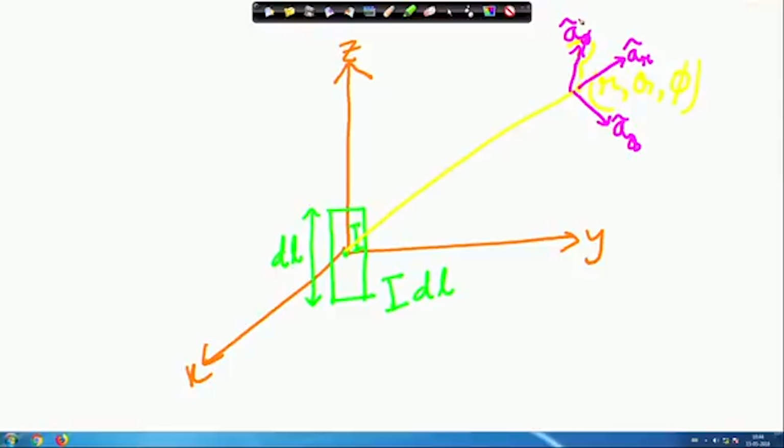Okay. So, let us consider this radiation: a short thin filament of current located at the origin, oriented along the z axis.